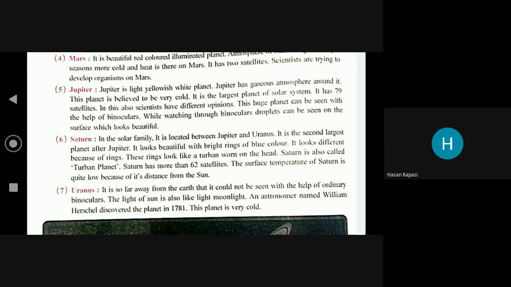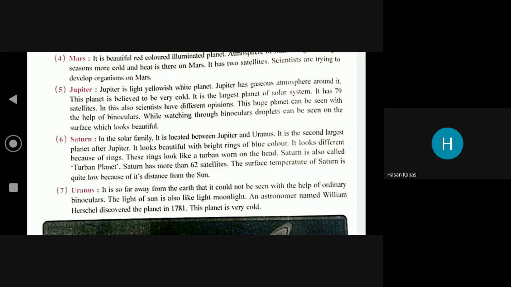Last, Uranus. It is so far away from the Earth that it could not be seen with the help of ordinary binoculars. Its light is like moonlight.